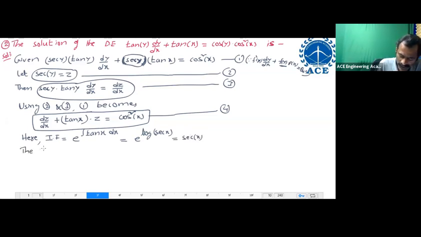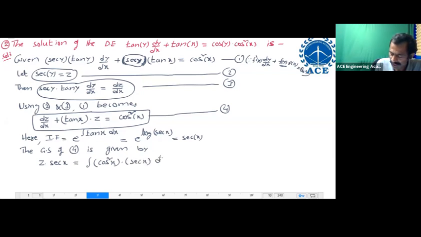The general solution of 4 is given by dependent variable z into integrating factor secant x equals the integral of cos square x into integrating factor secant x dx plus c. On the right-hand side within the integral, one cos and one secant get cancelled.